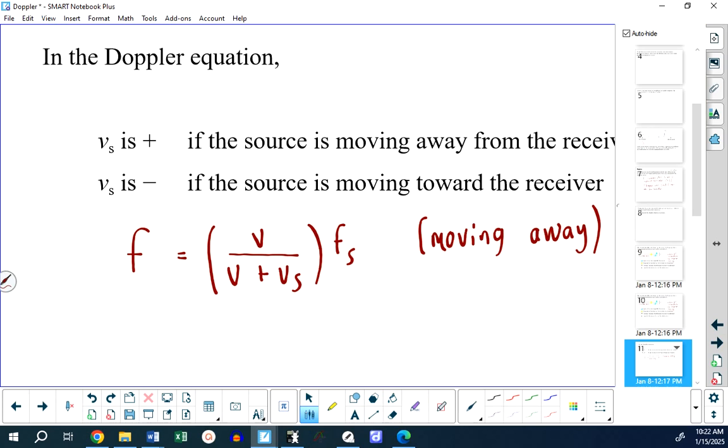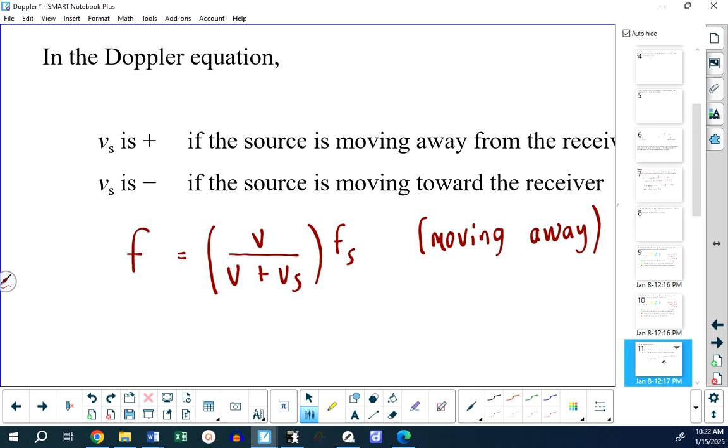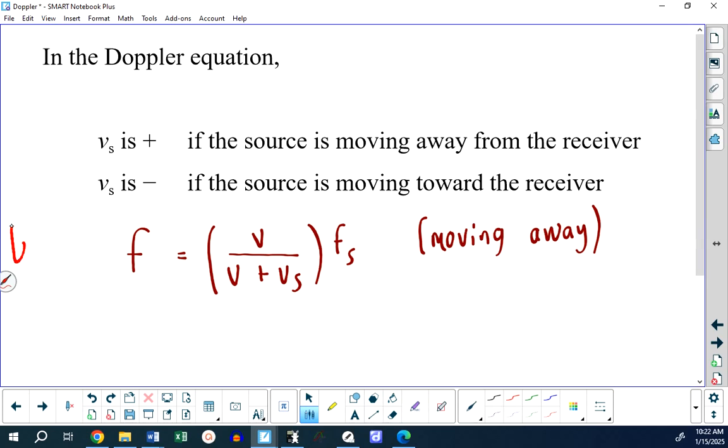If we look at this diagram here, in terms of the observer, we're looking on the left, and these two things are moving away from each other. So the ripples get stretched out. The compressions get stretched out, which is a lower frequency, right? So this is less frequency that you observe.